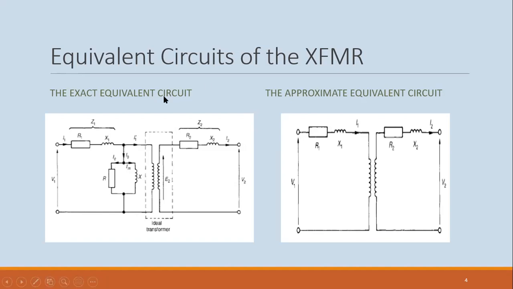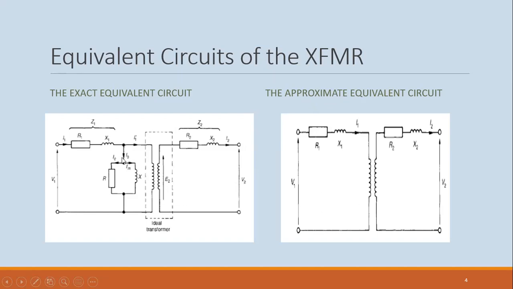So that current is approximately 5% of full load current. It won't be more than 5% of the full load current. So if we want to make some quick approximation, we can remove that without too much loss of accuracy.